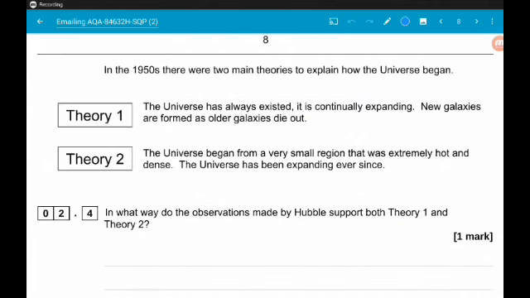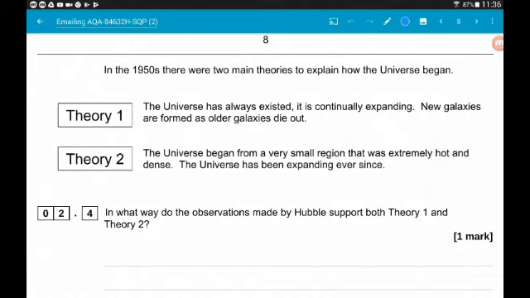In the 1950s, there were two main theories to explain how the universe began. Theory 1 was that the universe has always existed, it continually expands, and new galaxies are formed when older galaxies die out. Theory 2 is that the universe began from a very small region that was extremely hot and dense. The universe has been expanding ever since.